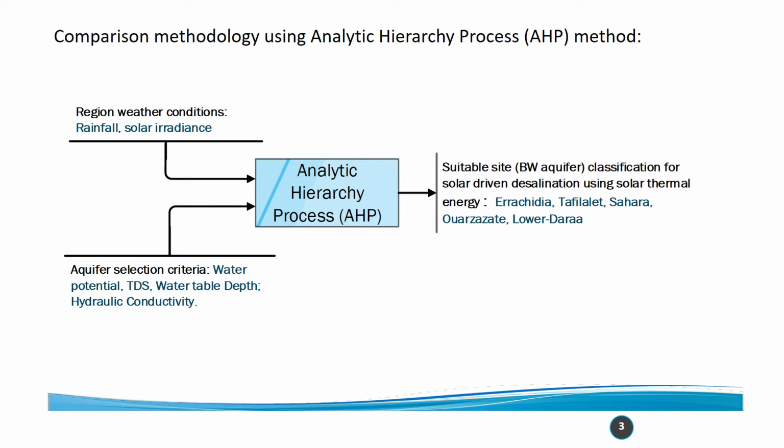The output of this process is to classify the aquifers according to their importance with respect to the final decision, which is to identify the most suitable site for implementing solar thermal desalination plants.